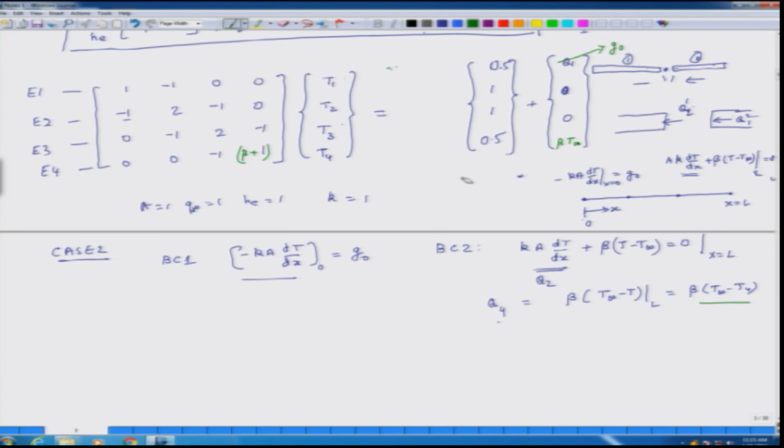Okay. So, the effect of convective heat transfer at the end of the bar is accounted for by modification of this K matrix. So, beta comes here, and now I can solve these four equations for four unknowns in a fairly straightforward way.